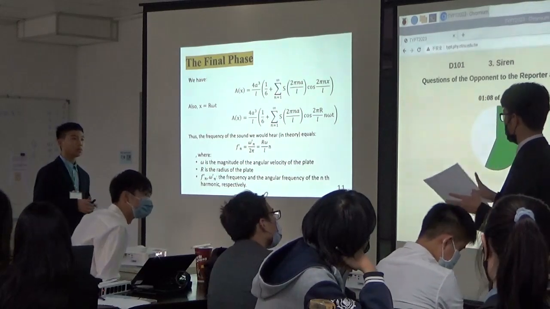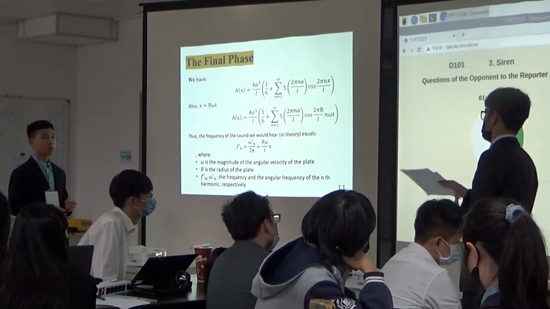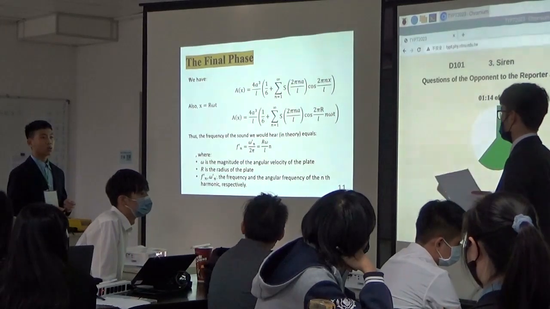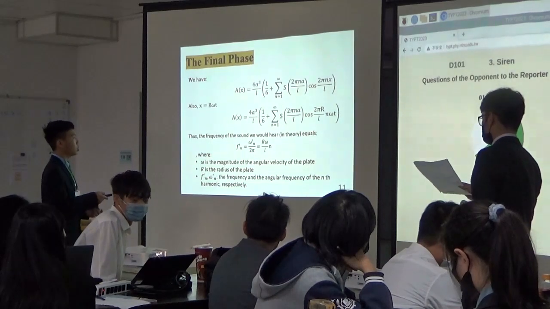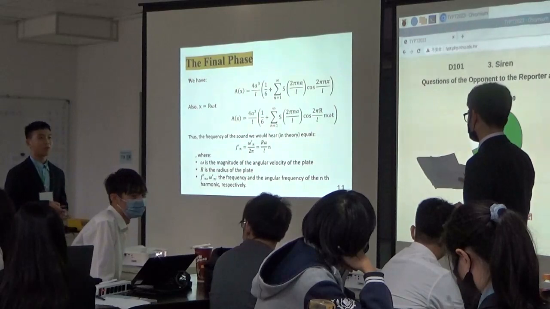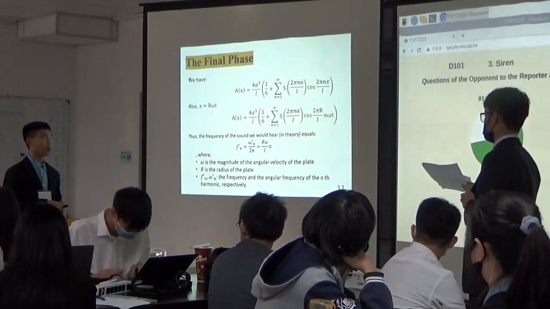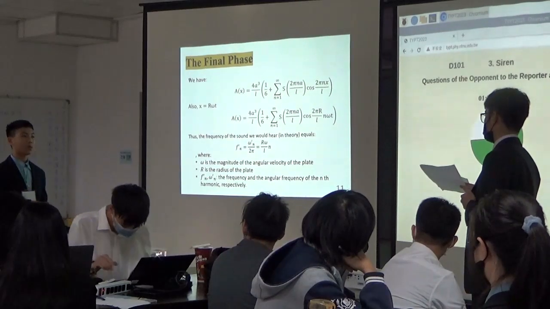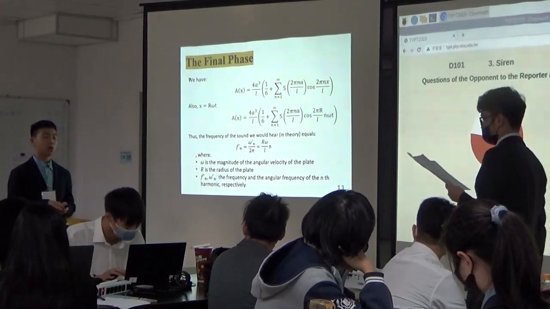Do you think there is a minimum radius and a maximum radius that can create a sound? I think that since you can see that in theory there is an A in the amplitude, maybe the sound can still be produced, but the amplitude might not be too big if the radius is too small. Okay, thank you.